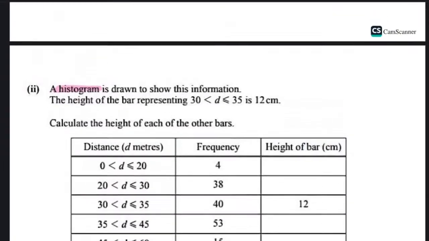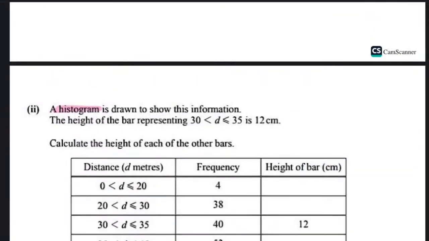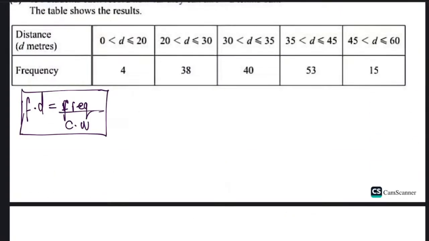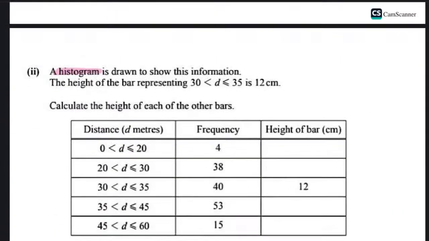So always make sure that the height is the same as the frequency density. Always confirm, right? Sometimes you may need to do a small change, okay? If it's height you are finding, it may not be exactly frequency density, but first you need to find frequency density, then you see how to get the height. So we'll see with this one. We know that if this is going to be the first, this is going to be the second, this is the third.